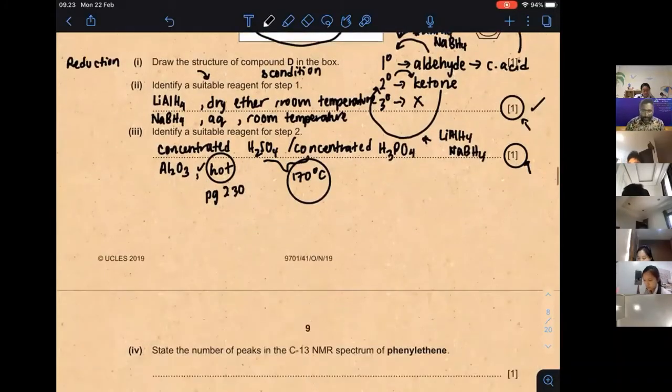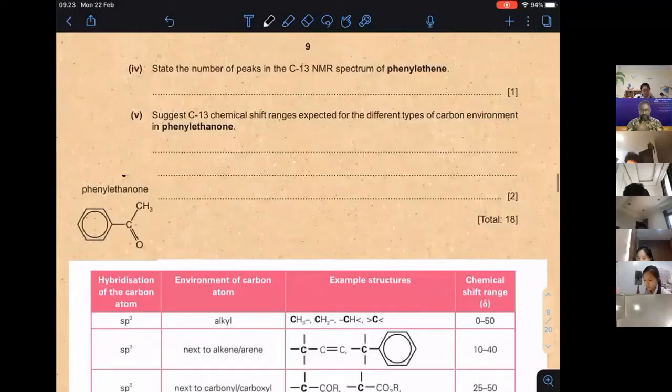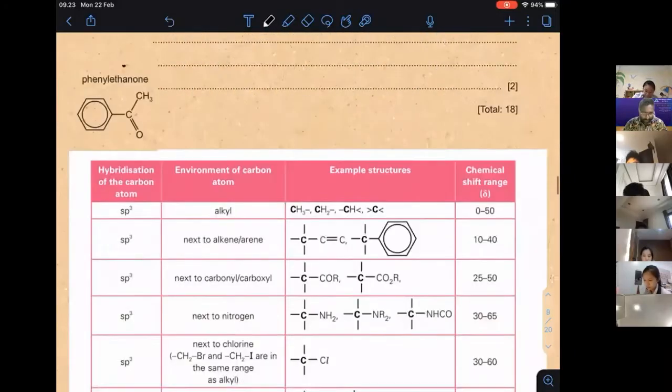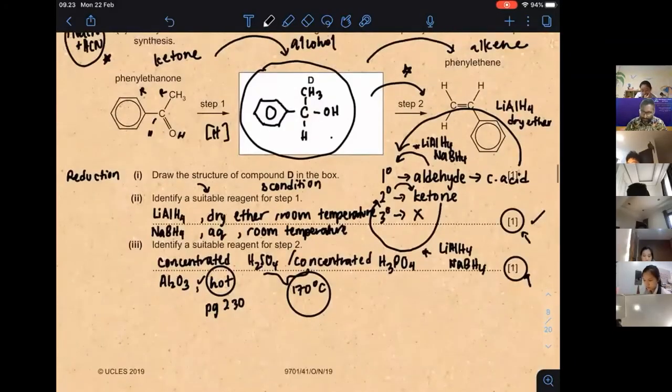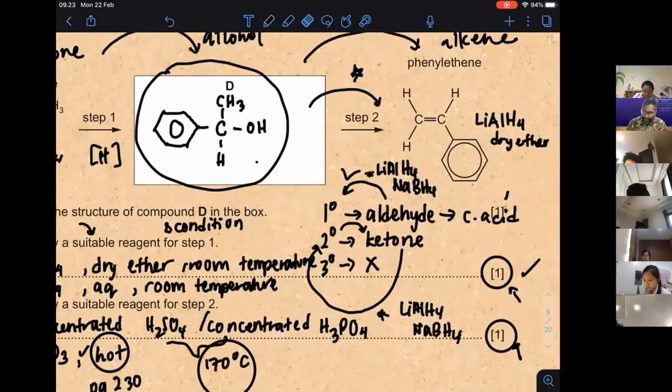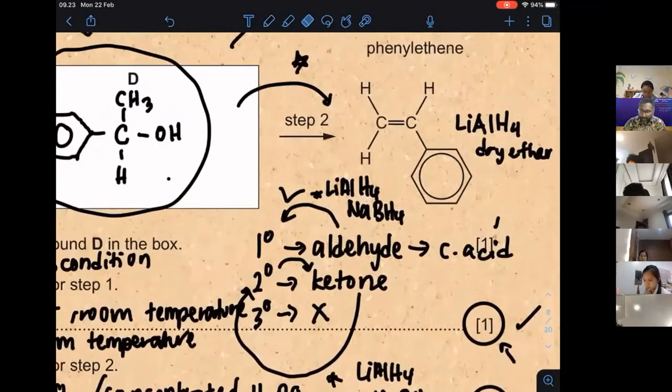Now, state the number of peaks of the carbon-13 NMR spectrum of phenylethene. This is phenylethene. Let me erase this. Now you can see how many different carbon environments we have here. This is one carbon environment. This is another carbon environment, the carbon attached to hydrogen and the benzene group.